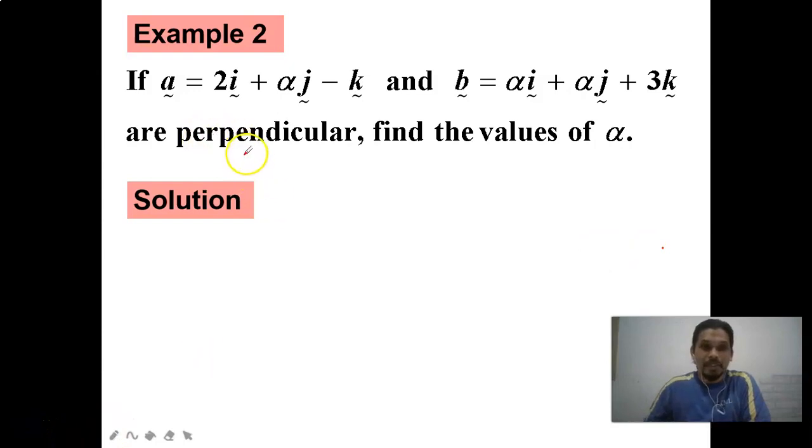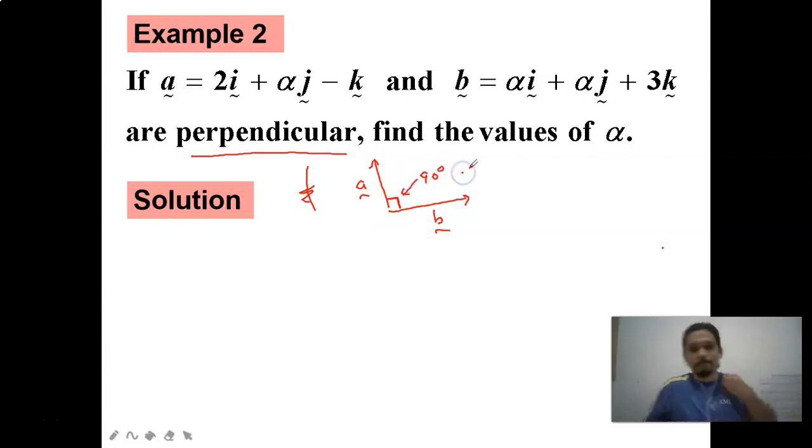The keyword for this example is that vectors A and B are perpendicular, meaning that the angle between these two vectors is 90 degrees. And then A dot B equals 0.